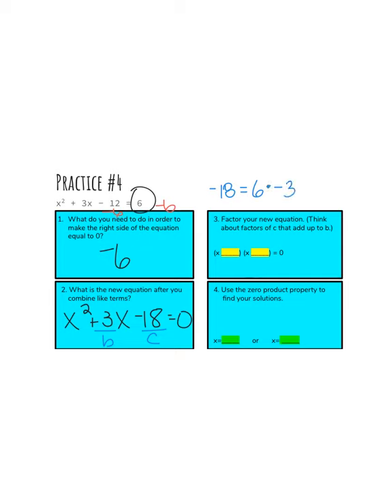If I multiply those together, I will get the negative 18. When I add them together, that's positive 3. So x plus 6, x minus 3. When we use our zero product property and solve, this one will be negative 6. The second one will be positive 3. So there are our two solutions for that one.